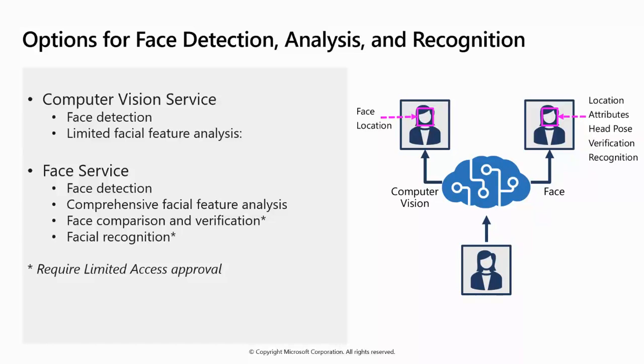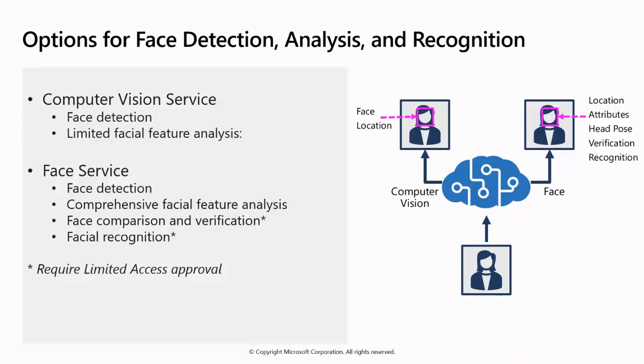With the Face service we can have face detection with the bounding box and then analysis of all the features of the faces, including the head pose, presence of glasses, presence of blur, facial landmarks, occlusions, and so on. If you have any makeup, if you are smiling or not, we can also use face-to-face comparisons and checks, and face recognition.